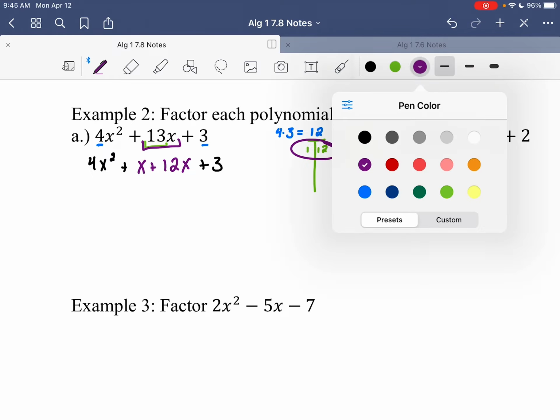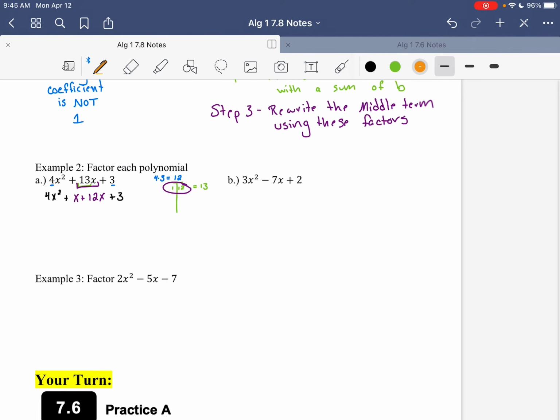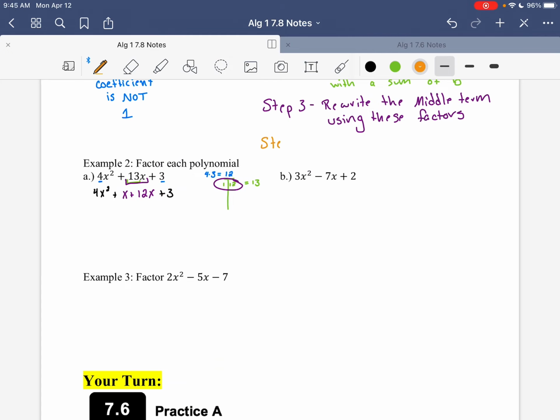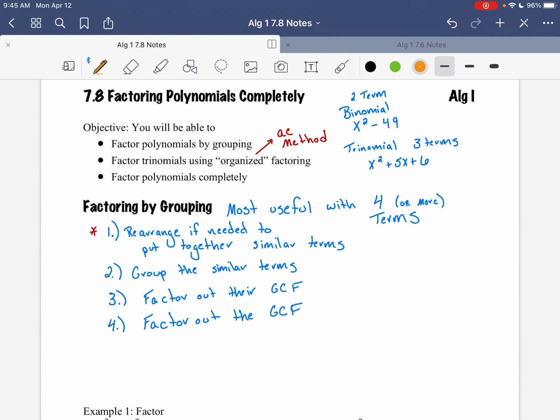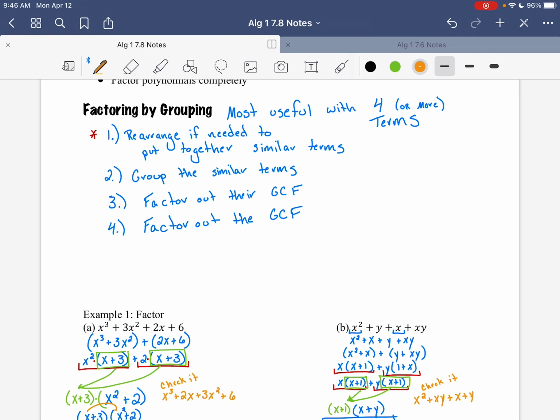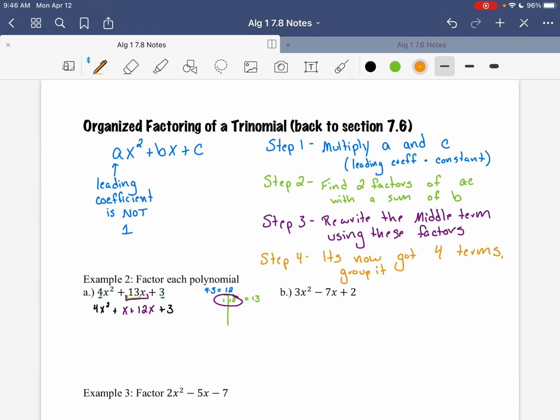Our very last step, step 4. It's now got 4 terms. Group it, or factor it by grouping, just like we learned. Rearrange if needed; you shouldn't have to rearrange. Group similar terms, factor out the greatest common factor.